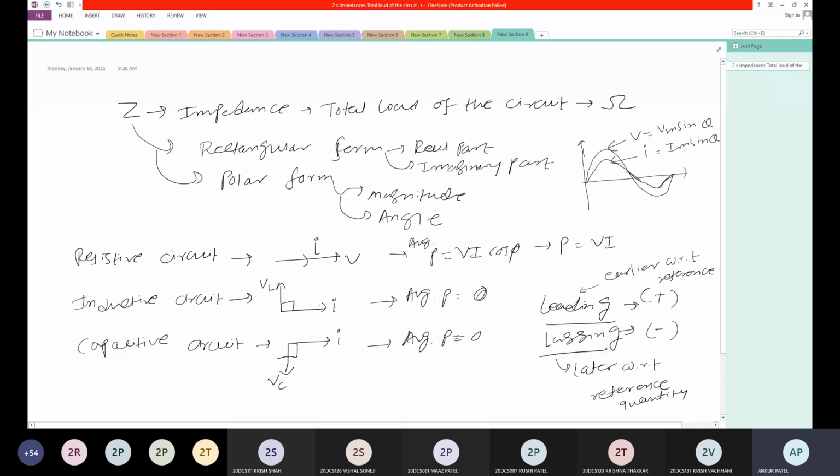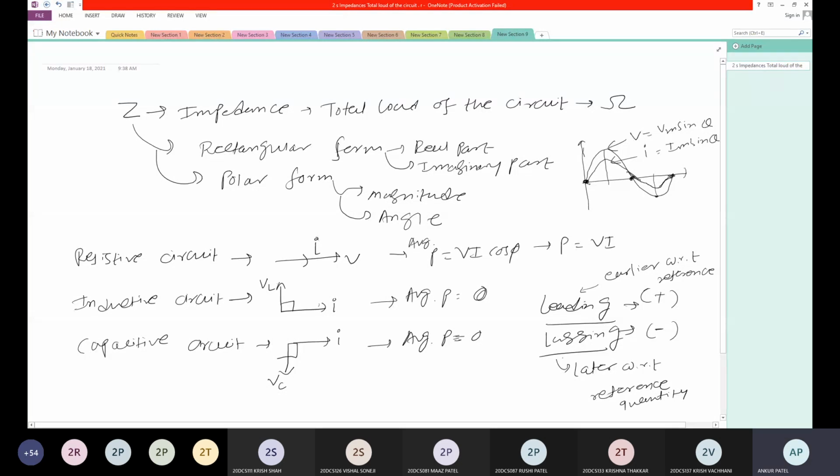It is a resistive circuit. Why? Because you can see both attain their zero value at the same time, both attain their maximum value at the same time, and zero value at the same time. Yes, the magnitude is different, but both attain it at the same instant. That is called the resistive circuit.